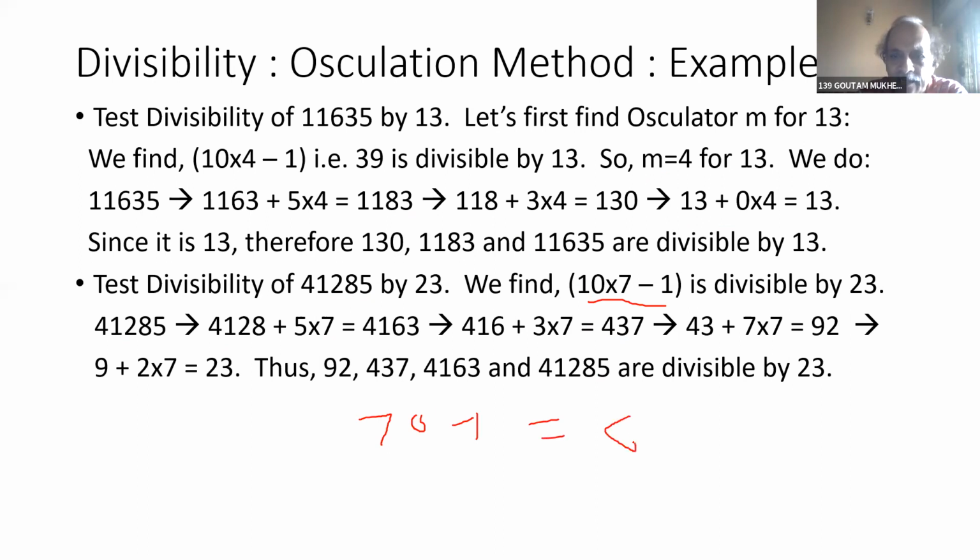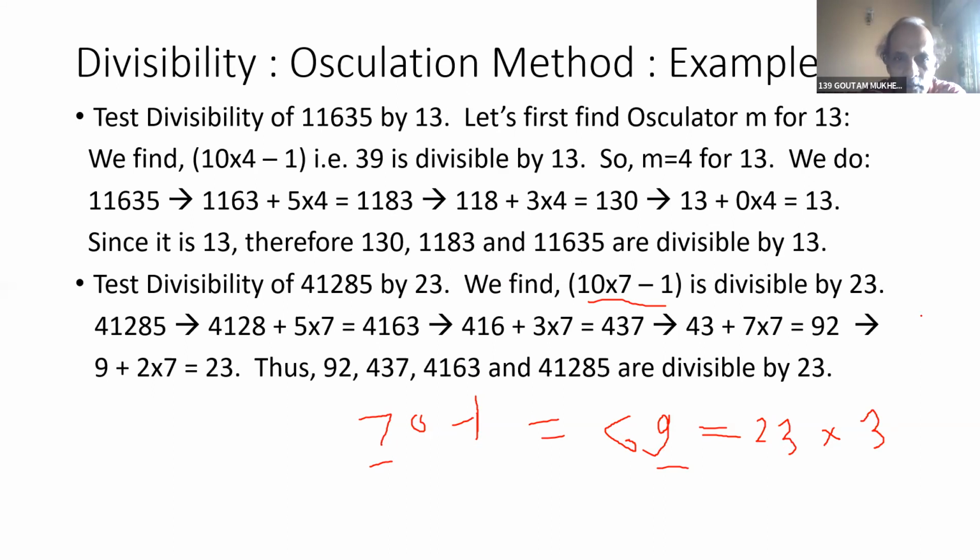You have to find something ending in 9 that is divisible by the divisor, which is 23 in this case. So 23 multiplied by 3 gives 69, and 69 is 70 minus 1. So therefore, in case of 23, the oscillator is 7. That is the idea.